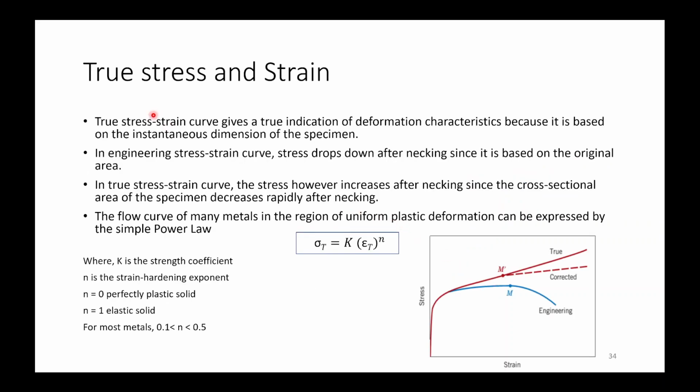Now we have already gone through engineering stress and engineering strain. In case of true stress and true strain, we divide the load and elongation by the instantaneous cross section area and instantaneous length. So the true stress strain curve gives a true indication of deformation characteristics because it is based on the instantaneous dimensions of the specimen. In engineering stress strain, stress drops after necking.